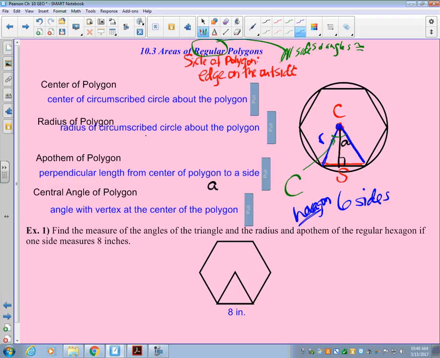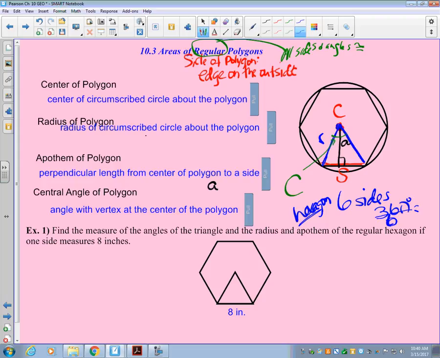360. So 360. If I'm splitting that 360 up into 6 different slices, how many degrees would be in each slice? 60.